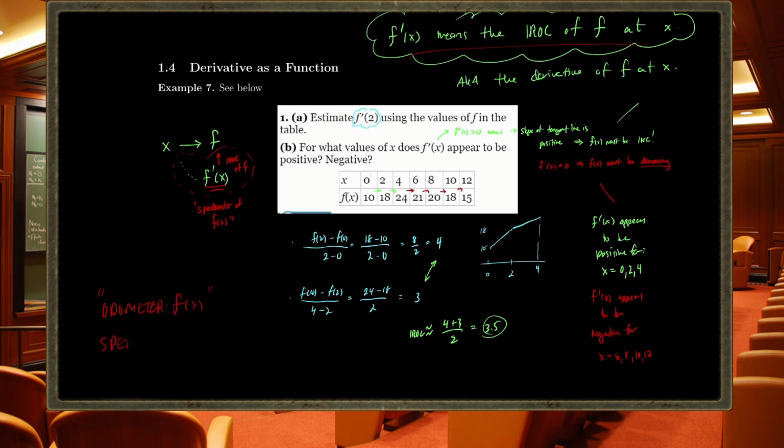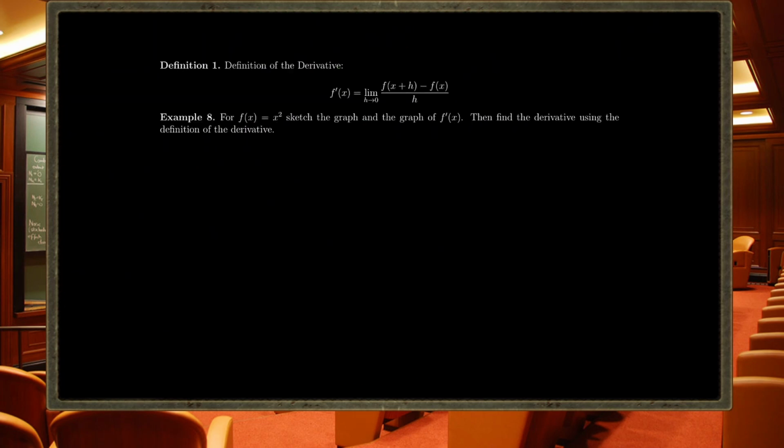And the speedometer is f prime. So that's why it makes sense that if you have your f prime and the sign is positive, that tells you that you're increasing. If it's negative, and again, it's kind of a velocimeter really, but we don't call that in the car, then you're going backwards, right? That's like going in reverse. Okay, so I feel like that's pretty clear now.